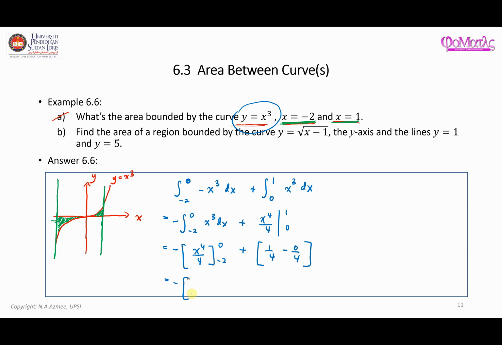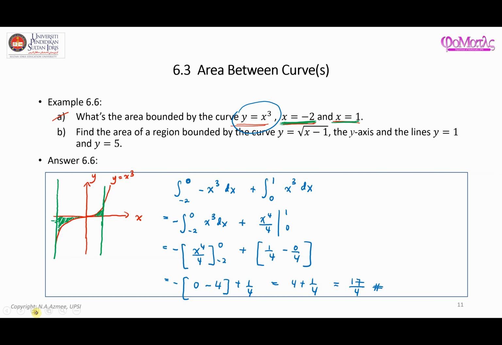Next, this one negative, so 0 to the power of 4 is going to become 0, minus -2 to the power of 4 is going to be equal to 16. 16 over 4 is 4, plus 1 over 4. So this is 16 over 4 plus 1 over 4, which is 17 over 4. Okay, so the area is equal to 17 over 4.